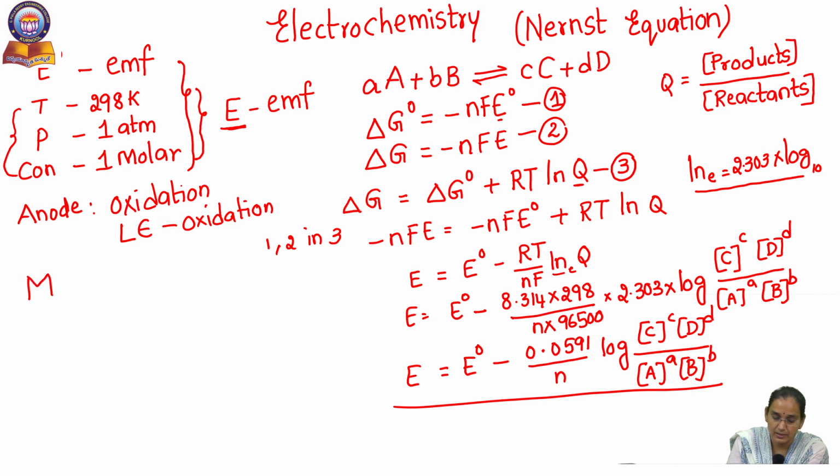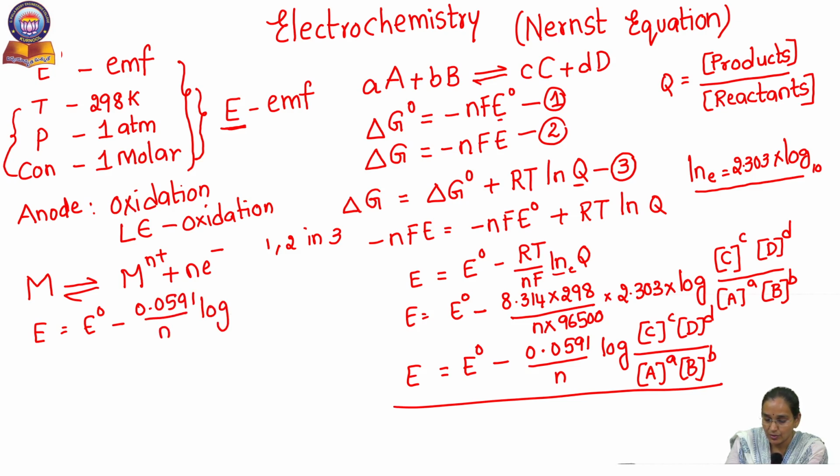Metal undergoes oxidation and it gives metal ion. To calculate the electrode potential for this reaction, we can use E equals E naught minus 0.0591 by n into log of the concentration of the product.